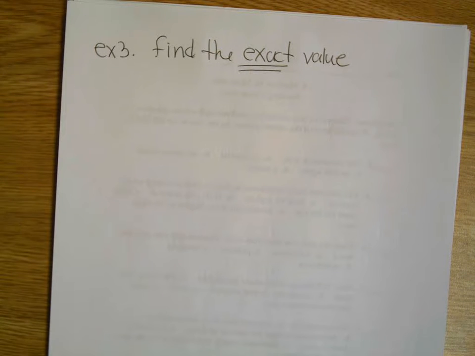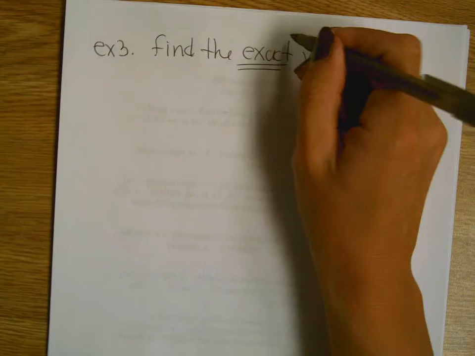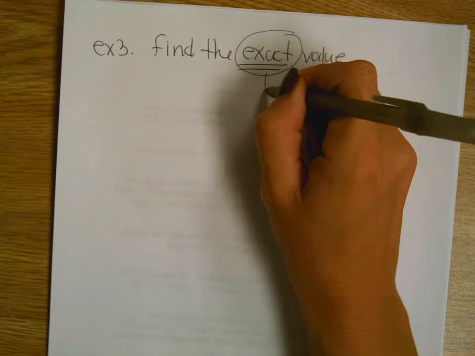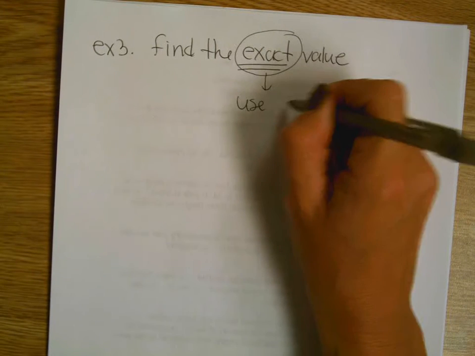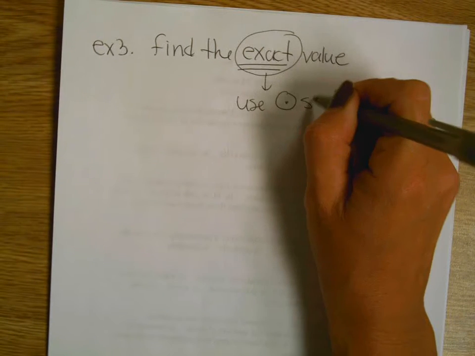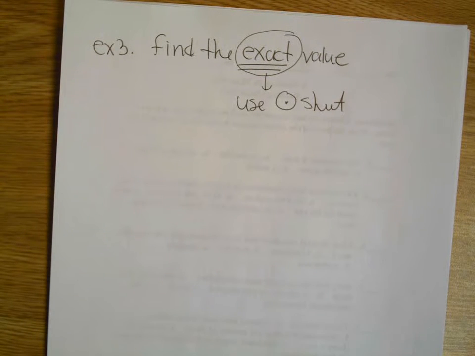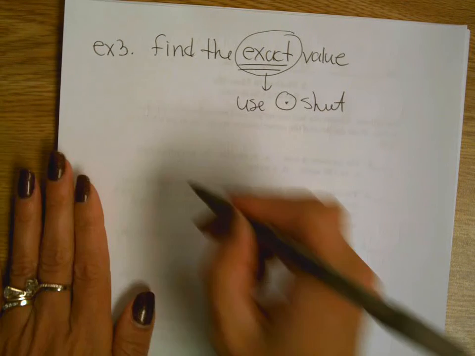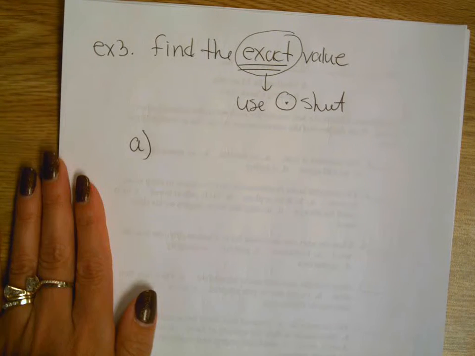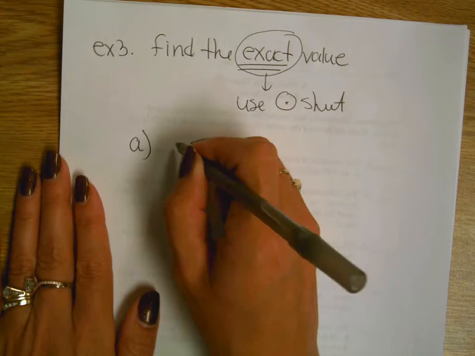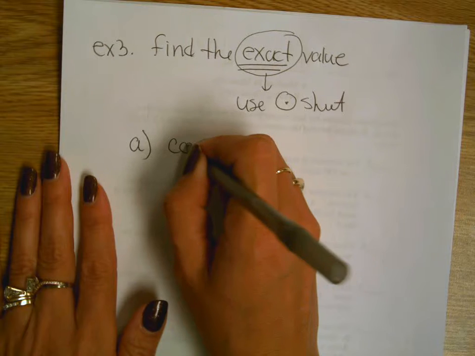We don't want decimals rounded off. So when you see this, use your circle sheet. Otherwise, you're doing approximates and typing the stuff in your calculator. You've done enough of this already.